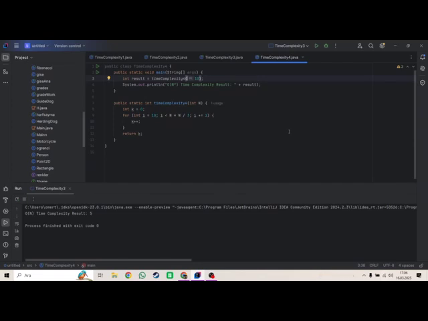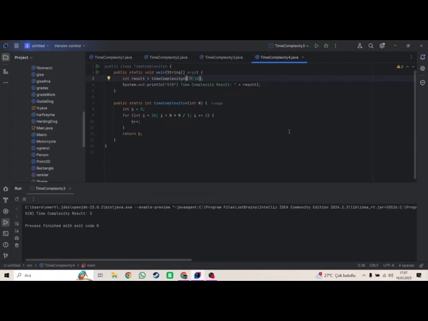If n is greater than 2, the function makes two recursive calls. Recursive fib(n - 1), which calculates the (n - 1)th Fibonacci number, and recursive fib(n - 2), which calculates the (n - 2)th Fibonacci number. The function then returns the sum of these two calls to match the definition of the Fibonacci sequence.